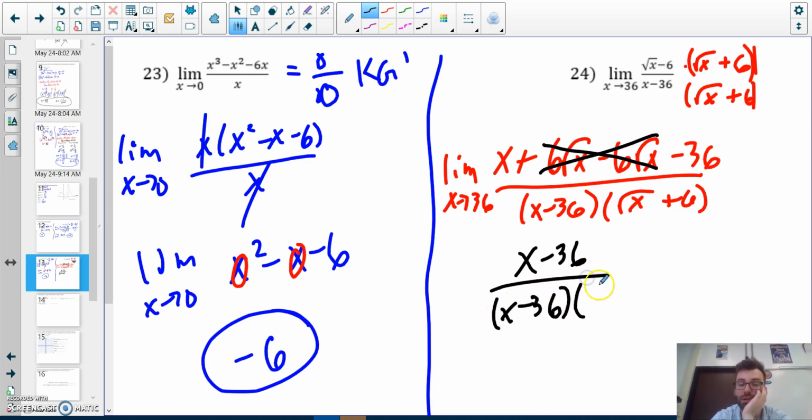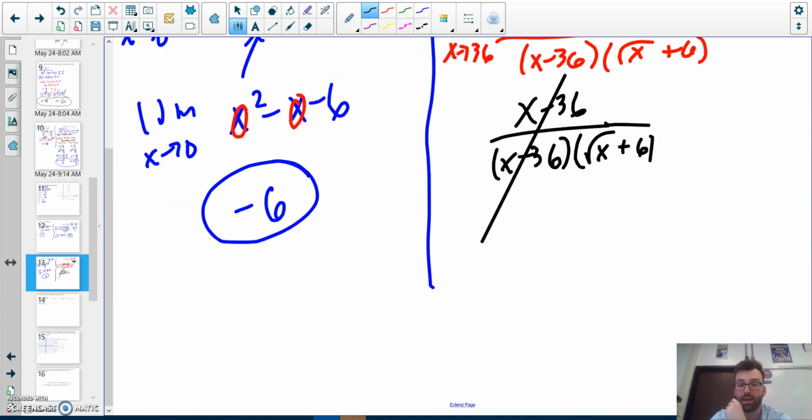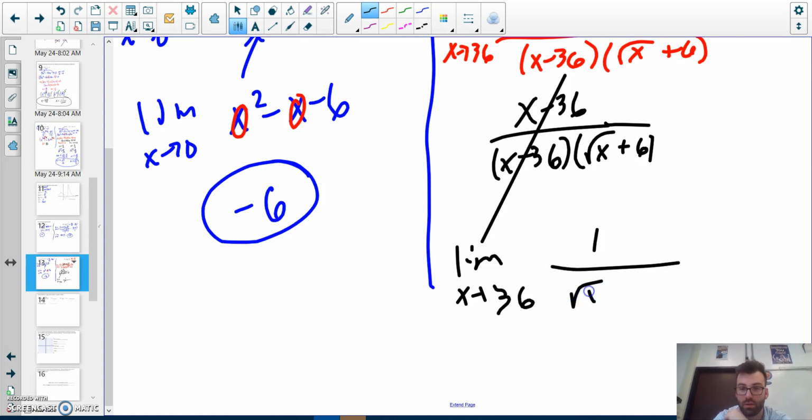Remember, don't actually multiply these out, just leave them as is, because more times than not, something will cancel. Then I want to take the limit as x goes to 36. When I cancel, there's still a 1 left over in my numerator, and my denominator is just whatever's left over, root x plus 6.